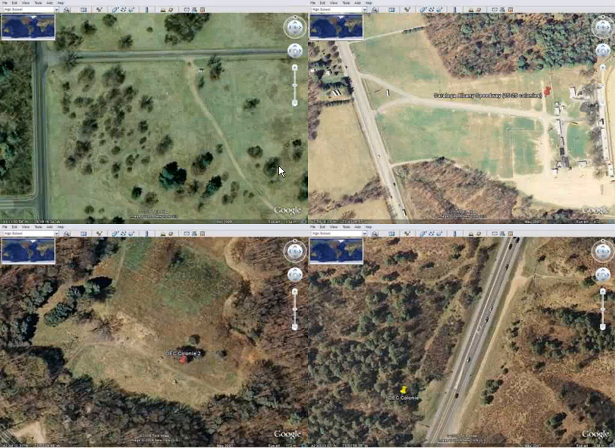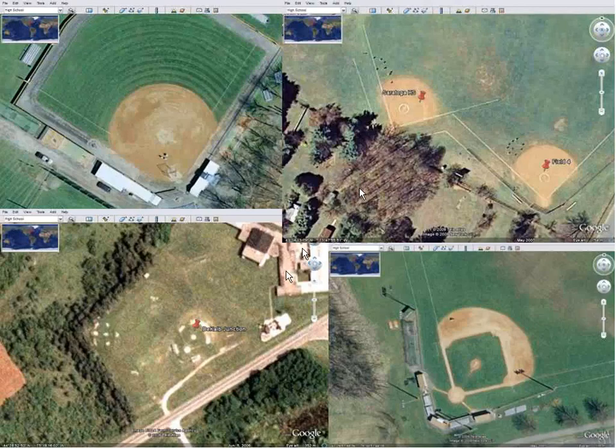So just looking at these two corners here, the top right and the bottom left, these are some seldom used baseball fields where I was able to find a lot of wasp nests. So primarily when I'm looking for nests, I will go to, say, elementary school and junior high fields that don't get much use in the summer, but a big city park might, at least cities that have a nice budget, will put a lot of money into maintaining those diamonds.